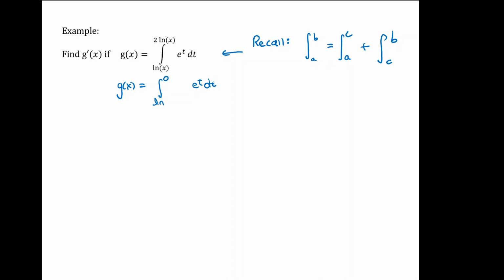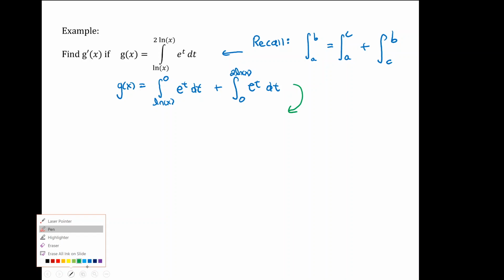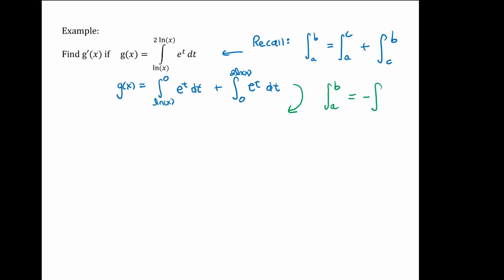Be careful with how I draw this. Plus integral from 0 to 2 ln of x e to the t dt. Now the next rule I'm going to use was that the integral from a to b can be written as the negative of the integral from b to a.